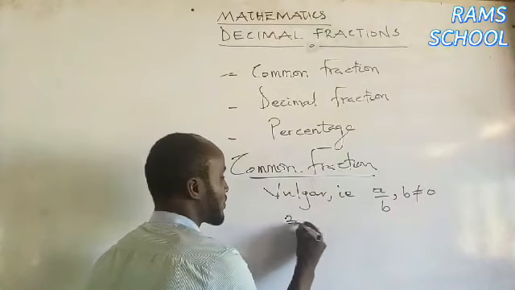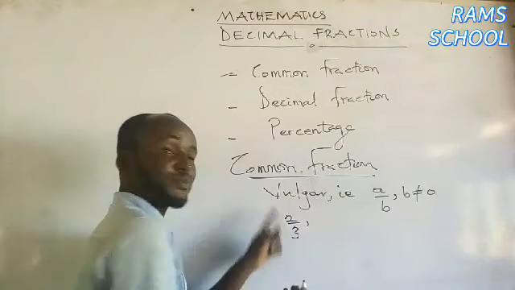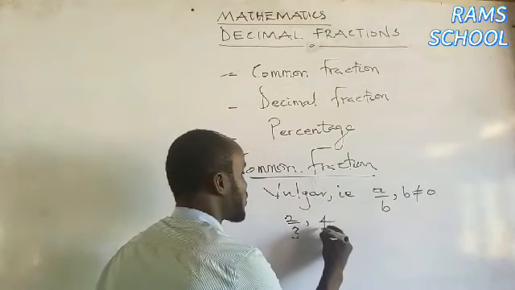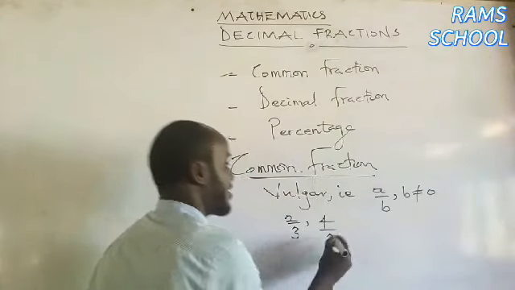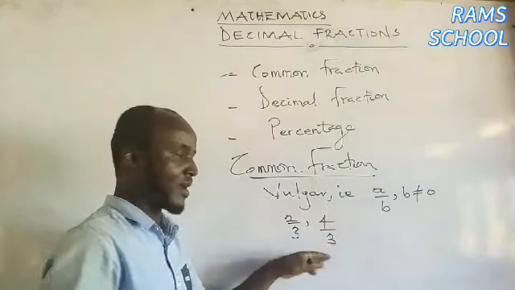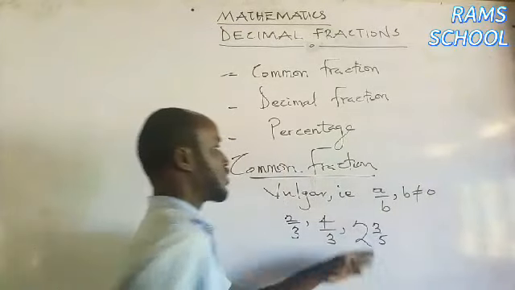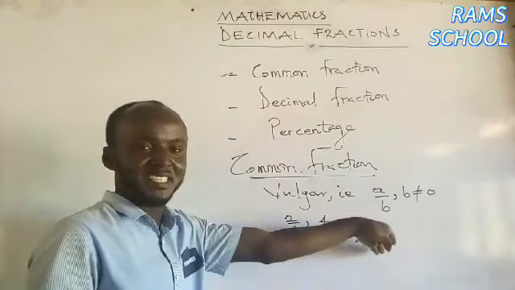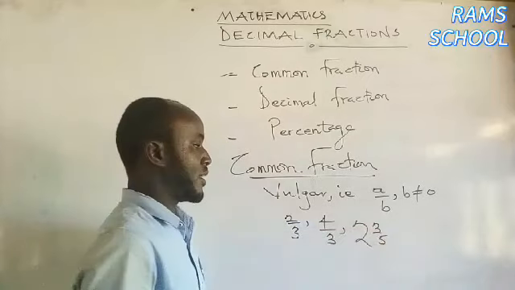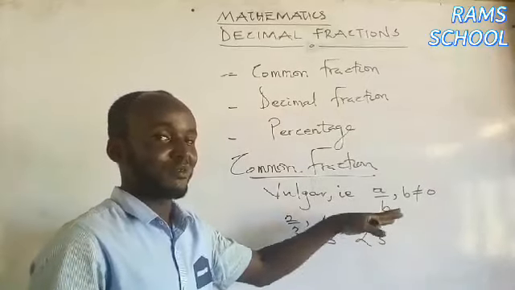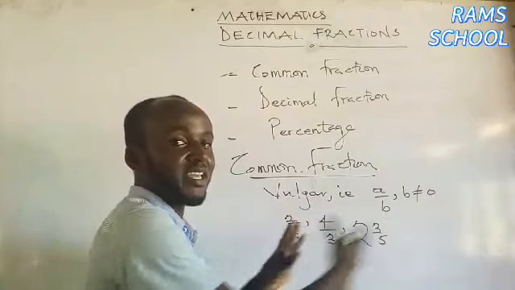For example, 2 out of 3 is a common fraction, it's proper. 4 out of 3 is also a common fraction, improper. We have 2 whole number, 3 out of 5. It's also a common fraction, it's mixed. Then we also have like fractions. We said like fractions have the same denominators.